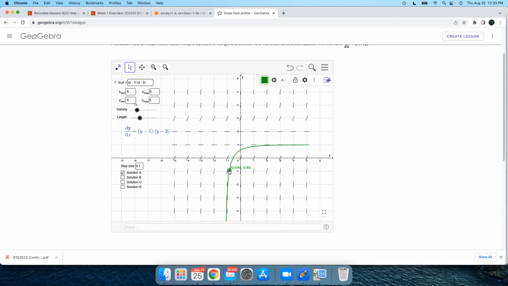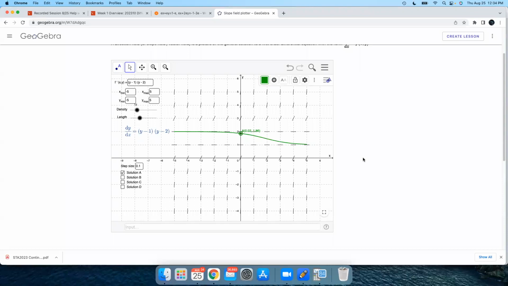If I pick any point that I want my solution curve to go through below y equals 1, that solution curve will eventually get closer and closer to that stable equilibrium, even if I pick something in between 1 and 2. But if I pick something near y equals 2, but not exactly there, you're not getting closer to that equilibrium, you're running away from it. That's an unstable equilibrium. If I'm right at 2, I'm at equilibrium, but if I'm just a little bit away from it on either side, I run away from it as x gets bigger.